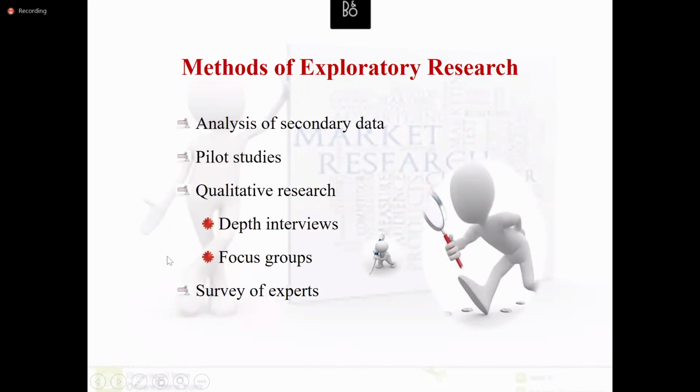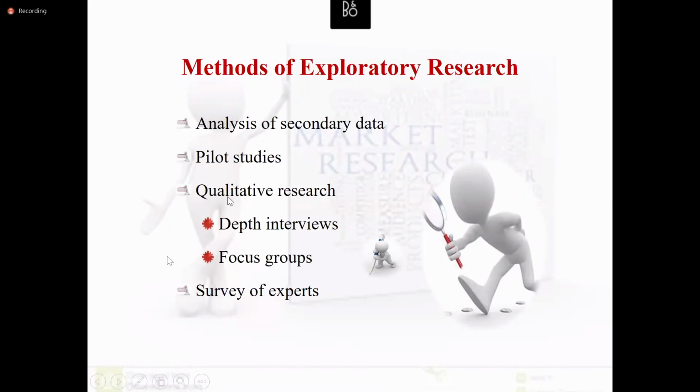We are not going for a full-fledged collection of data from all the people or from the sample, but we have some respondents selected, most of the time 30, right, in order to apply the statistical tools. So we carry out the pilot study. It is not a full-fledged study, it is a pilot study, that is like a trial, right?